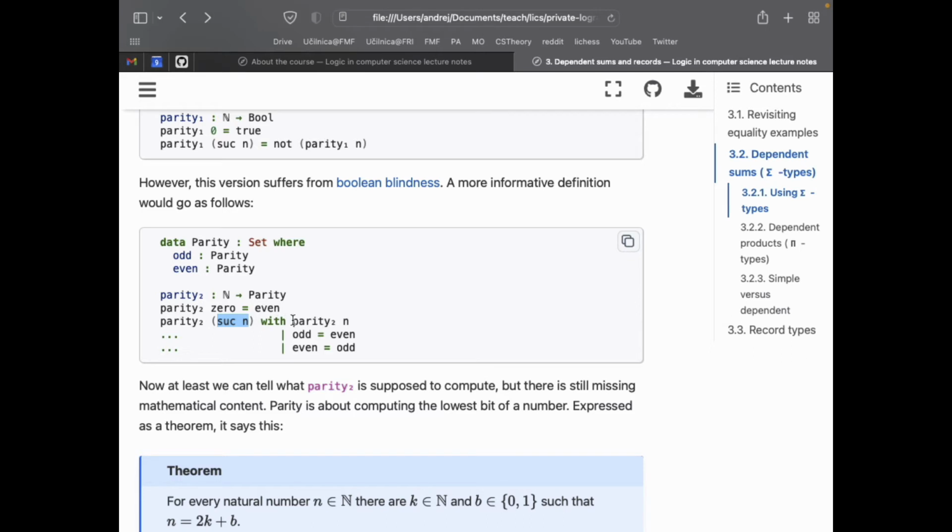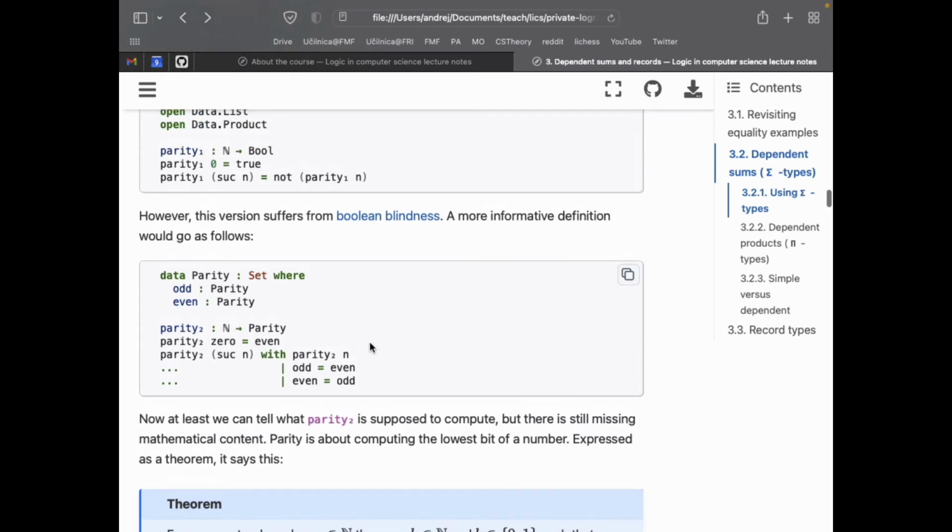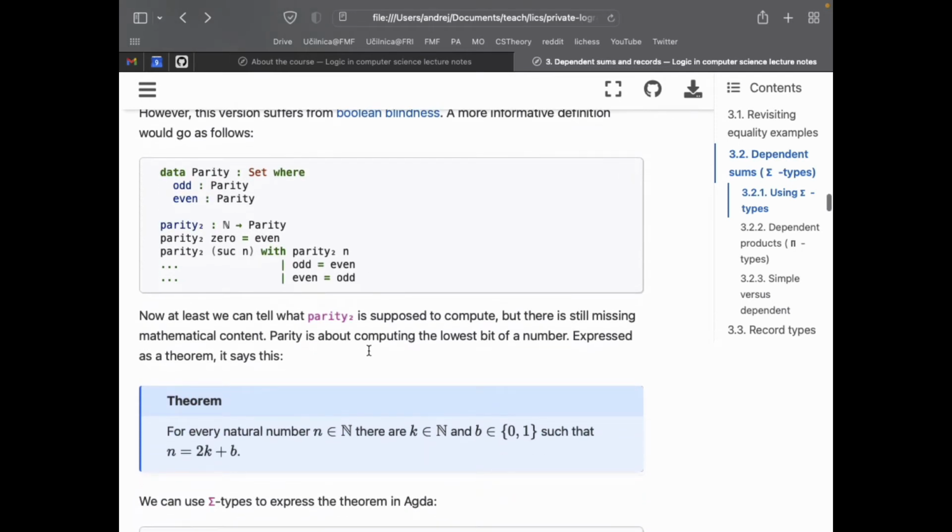So this is the additional with pattern. It's a with parity of n, and now we're going to branch on this. If the previous one is odd, then it's even. If it's even, then it's odd. Now this is okay, but it's still missing the complete mathematical content. The complete mathematical content here is that what we are really doing is decomposing a number. What is really behind this, the thing that would be the mathematical statement, is this.